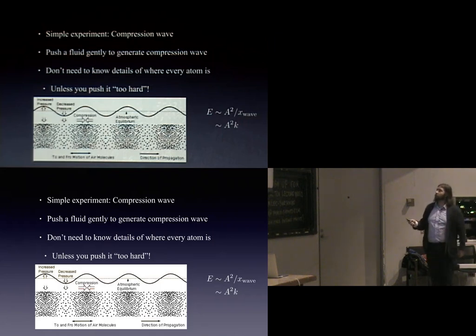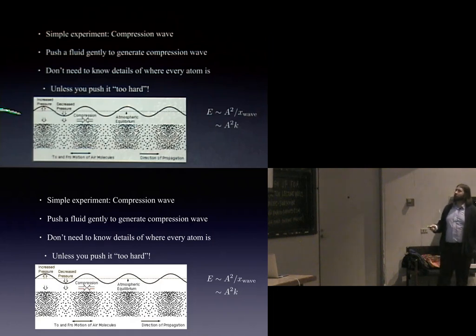But the idea is that I can talk about this compression wave being of long wavelength. And it turns out, if you think about a compression wave, there are basically two scales, right? There's the scale of how big the amplitude of this increased pressure is, and there's the distance scale of how long each piece of the wave is.